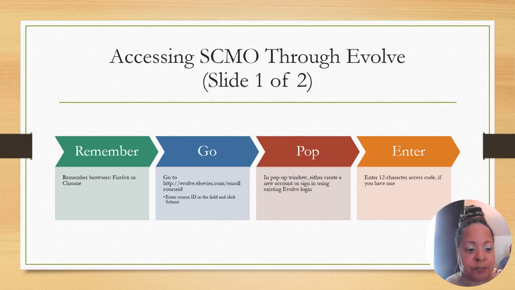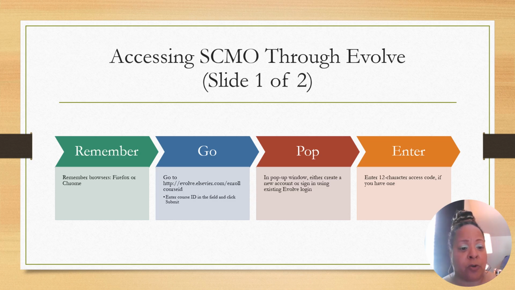All right. Accessing your SCMO through Evolve. You have to remember the browsers you want to use are Firefox or Chrome. So you're going to go to http://evolve.elsevier.com/enroll, course ID.